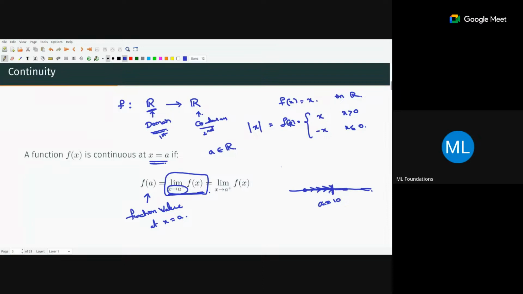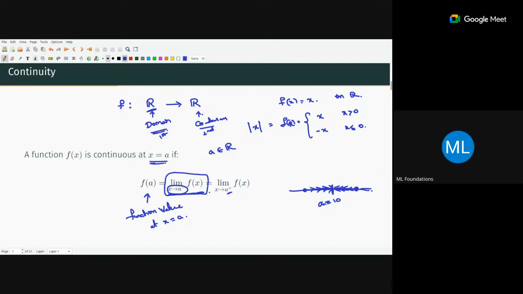Similarly, x tends to a plus means x is approaching a from the right hand side, the positive side of a. So x starts from here and slowly approaches the value a from the right hand side.